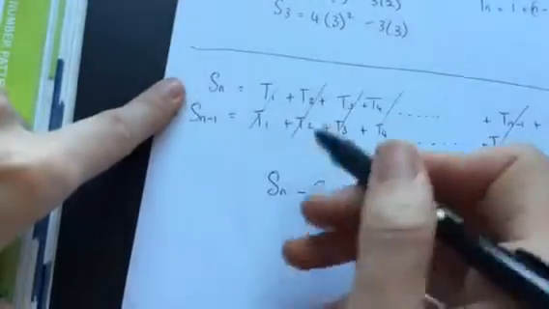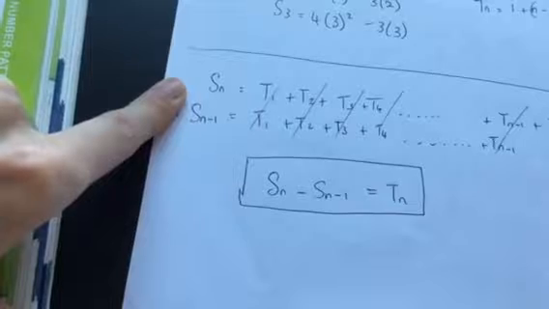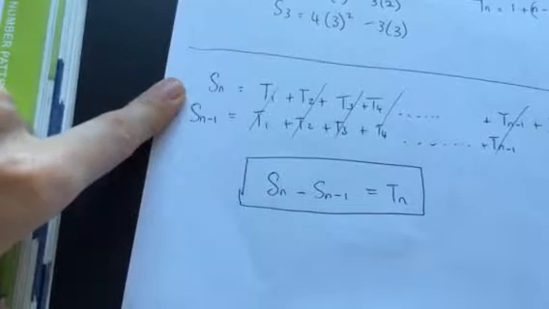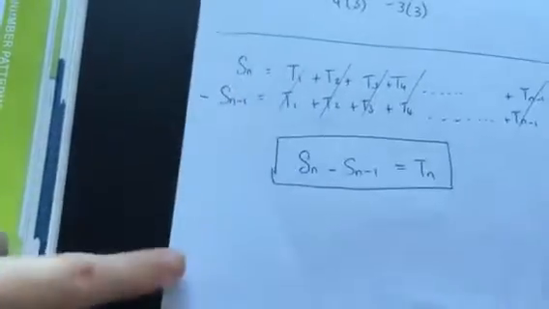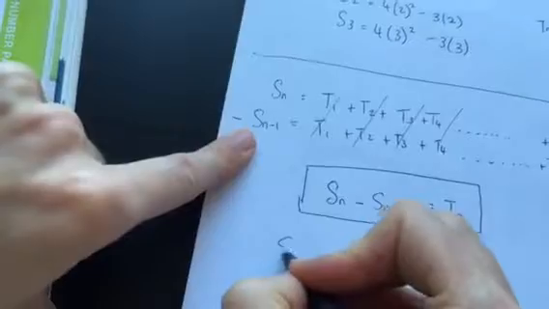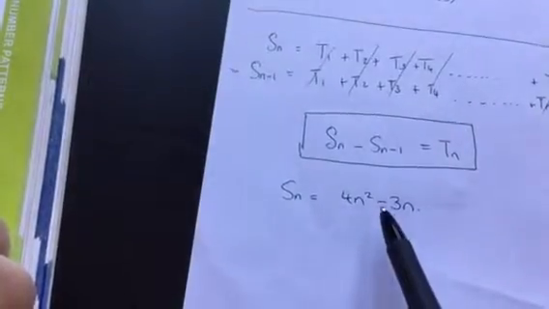Or you could learn that if you get Sn, rather than doing it this way, you could just decide, right, I have Sn.